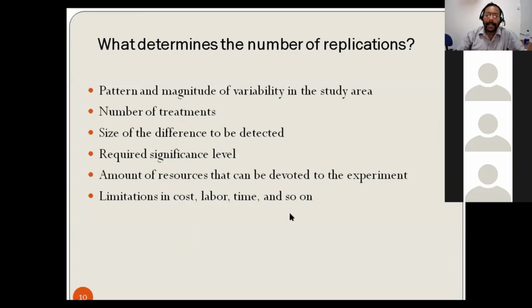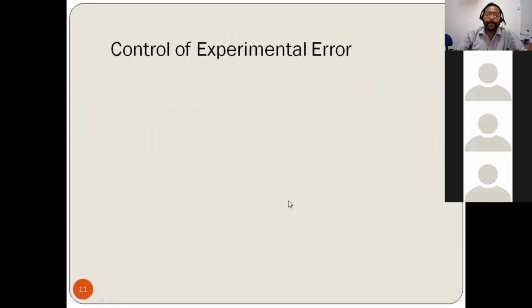Right. The third important factor in experimental design, or the principle of design, is called control of experimental error. We will continue this lecture from next week onwards.